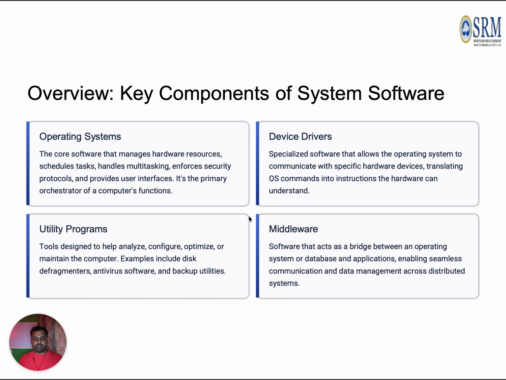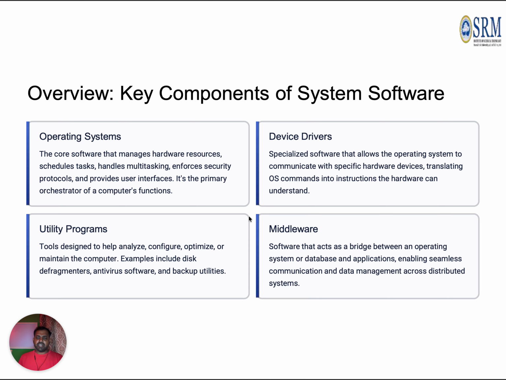Middleware acts as a bridge between the operating system and other applications that do not necessarily run inside the same machine. For example, a database system. A database system can live in a separate place, but at the same time it can be tightly coupled with your computer, so that your computer accesses that content from the other devices easily.